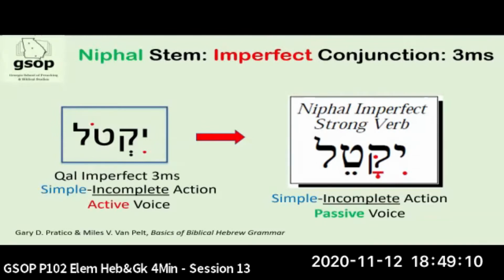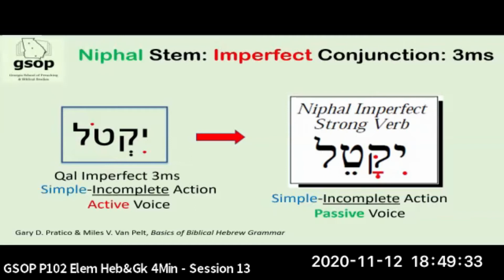Yeah, I got the wrong word there. Nikto. Yeah, that's right, I'm sorry. Nikto. That's a passive voice. So where it says the call imperfect third masculine singular, simple, incomplete action, active voice under Nikto, that's a passive voice, not active. So I knew something didn't look right. That's what that is.